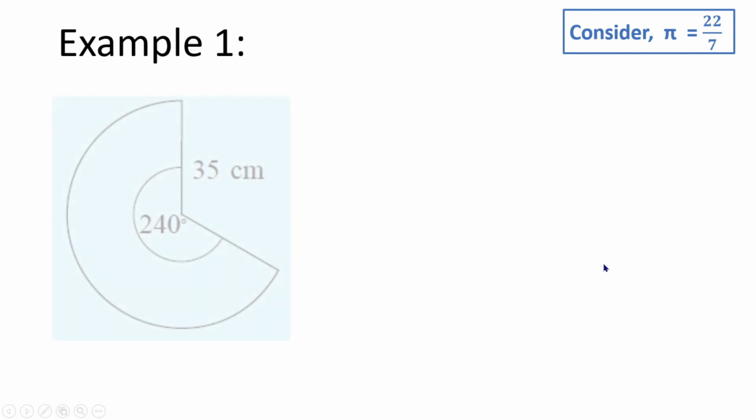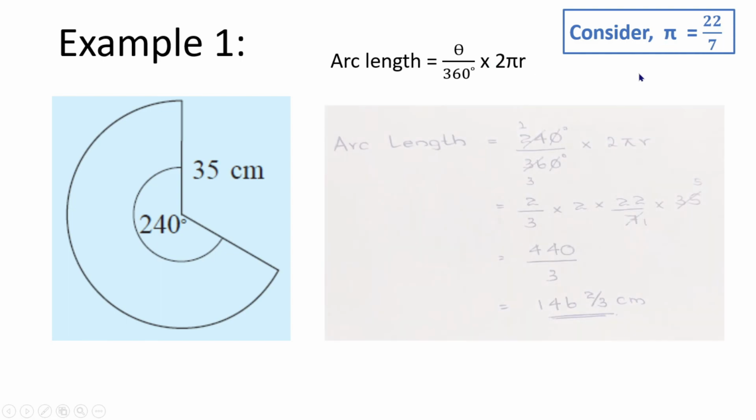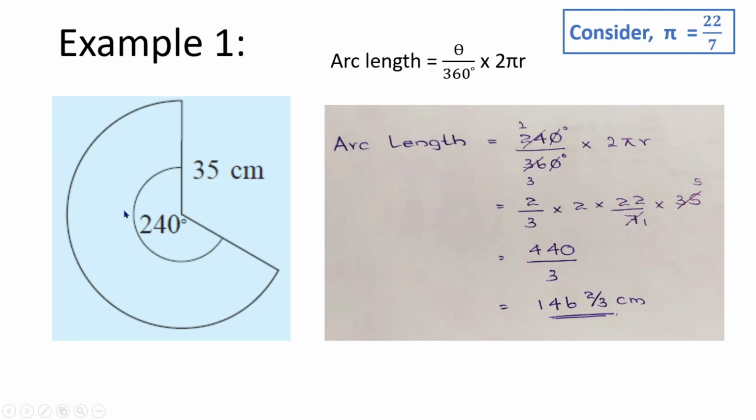Let us look into an example. This is a sector of a circle having a radius of 35 centimeters and an angle at the center of 240 degrees. The equation we use to calculate the arc length is theta over 360 degrees into 2 pi r, and we consider pi as 22 over 7. The angle theta is 240 degrees, so the arc length equals 240 degrees over 360 degrees into 2 pi r.